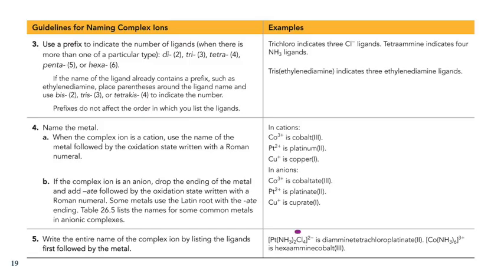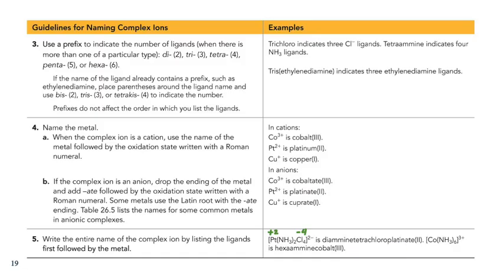So we've got negative 4 from the chlorides, and overall this needs to have a negative 2 charge, so the platinum must be plus 2. So that's platinate 2. Diamine tetrachloroplatinate 2.